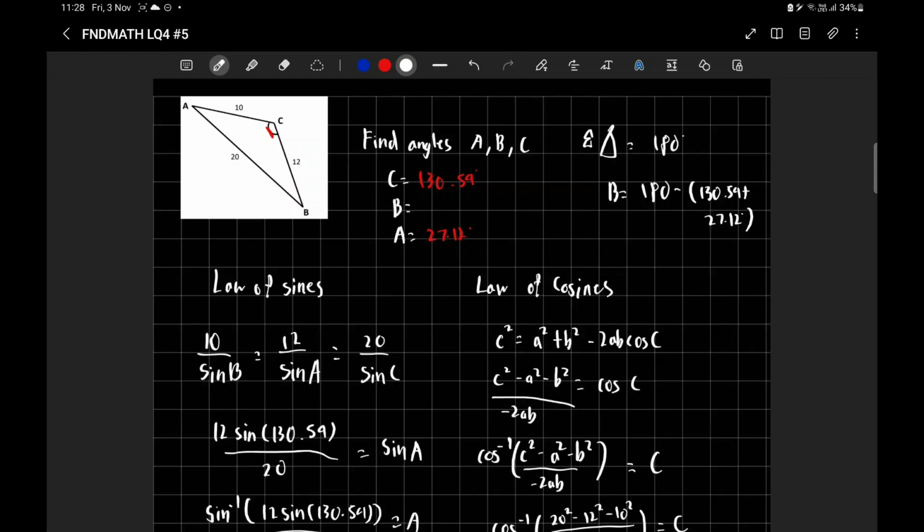We get 22.33. It may not add up exactly to 180, but that's because we left out some decimals, so there's a little margin of error.